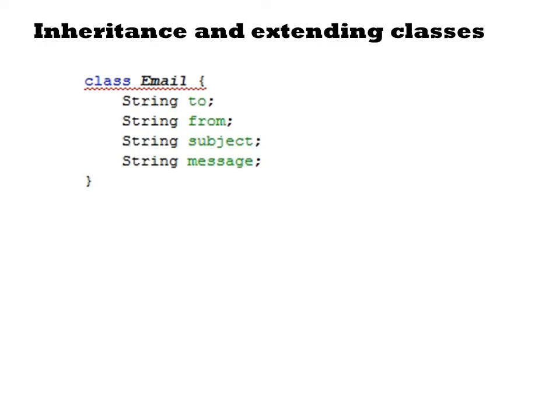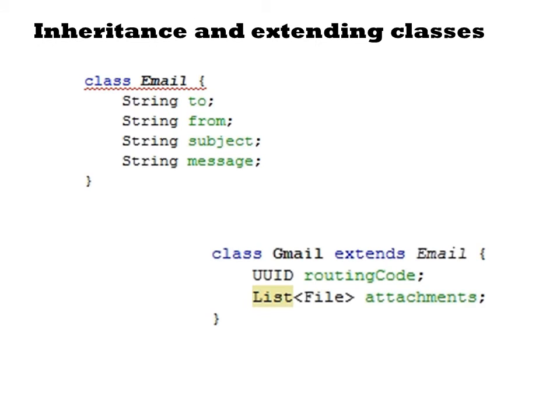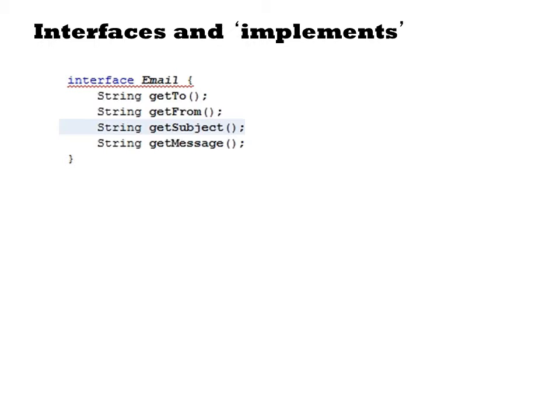I can capture this relationship between the Gmail and the more general email by saying that the Gmail extends email. By stating that Gmail extends email, we are saying include everything you had in email and then add this other data to it. So for example, there might be routing codes or various types of attachment that would be included in the Gmail class but not present in this root class we call email.